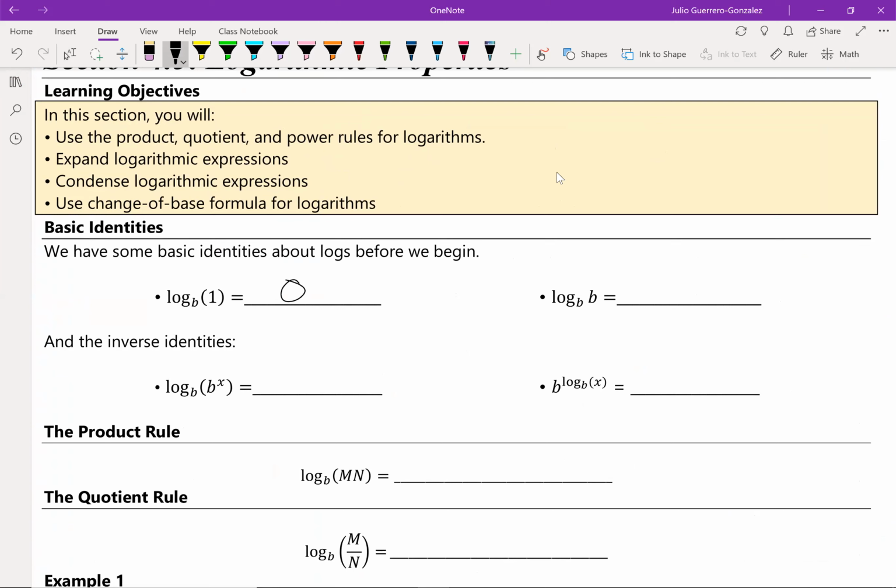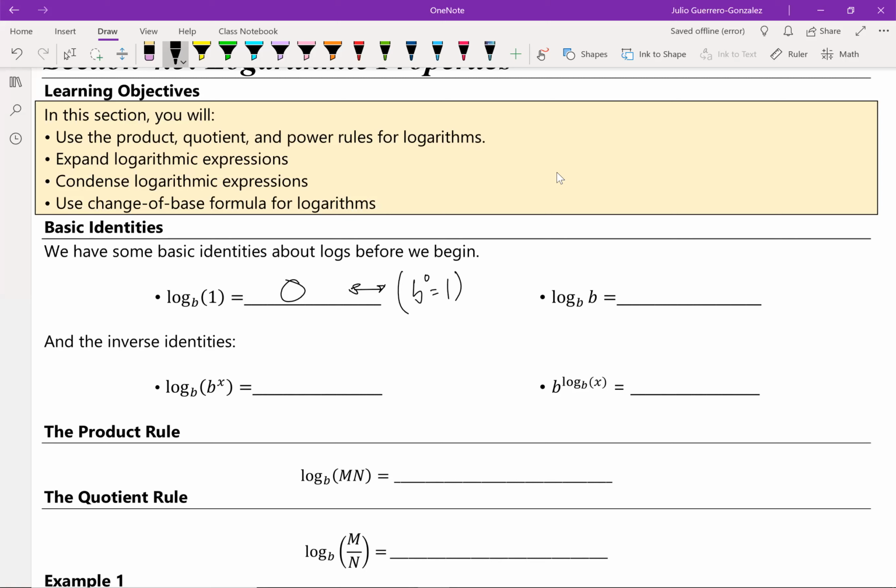And remember how you can interchange logarithmic forms and exponent forms? That one ties to that one. So b to the 0, anything to the 0, is always equal to 1, doesn't matter what the base is. And that's equivalent to log base b of 1 being equal to 0.